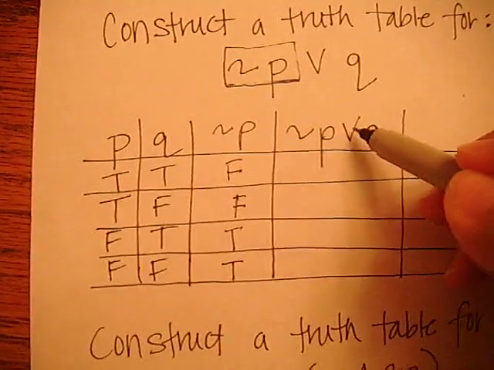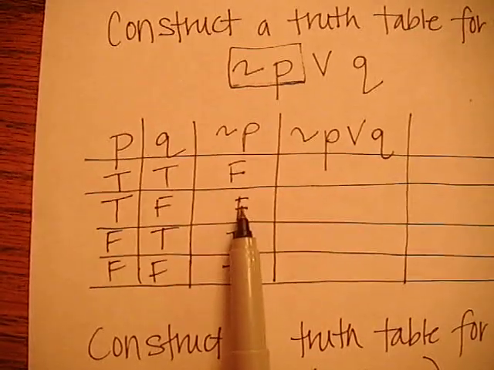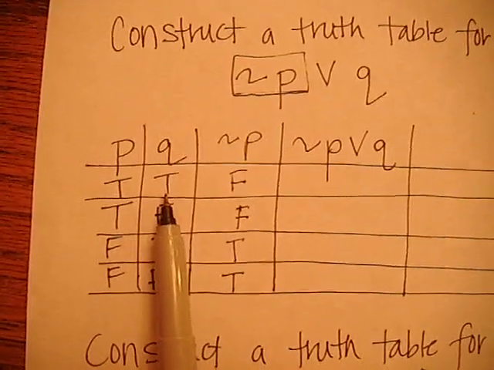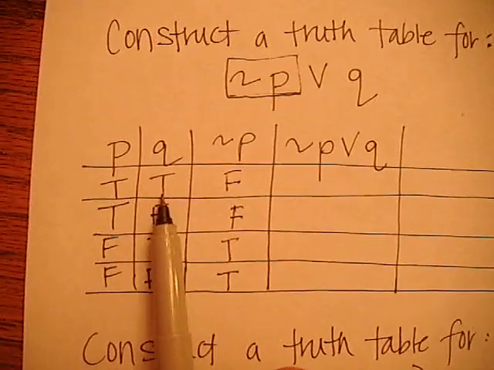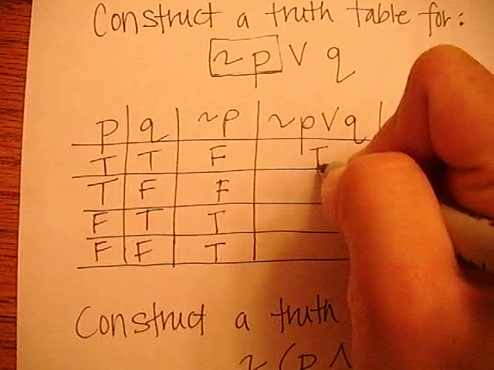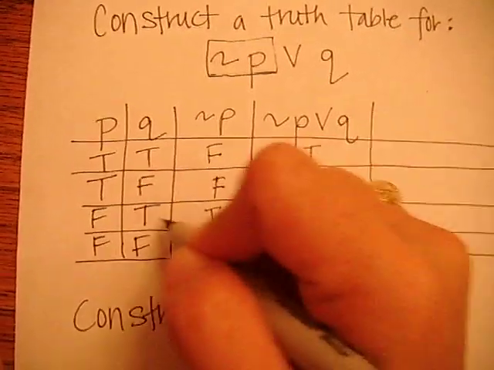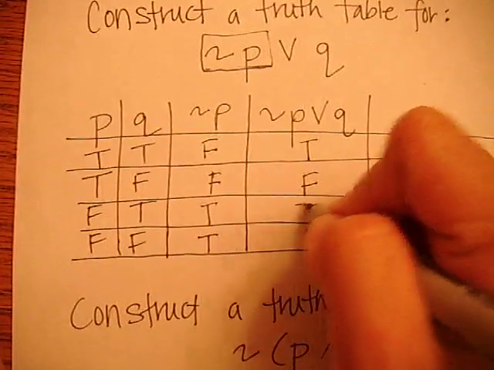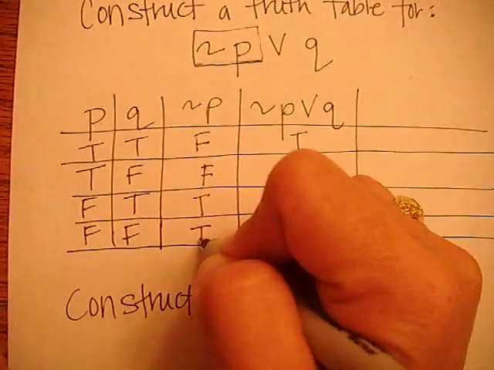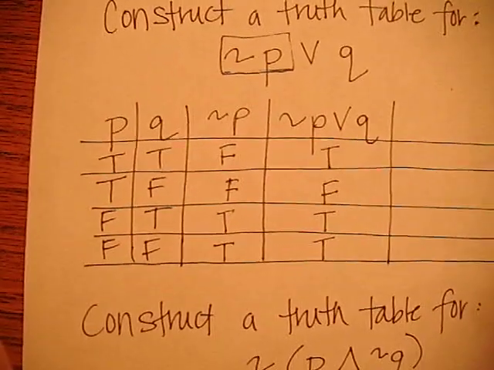For the not P or Q column, we're going to look at the not P column and the Q column, and we're going to use the rule for or. So, true or false is true. False or false is false. True or true is true. False or true is true. And that completes that truth table.